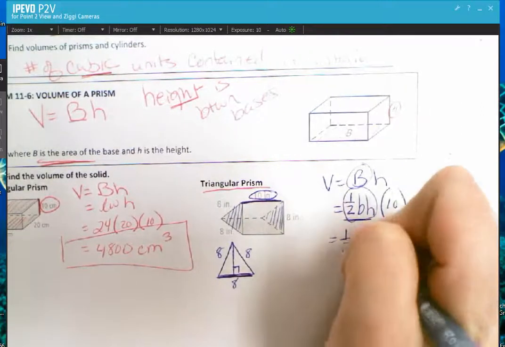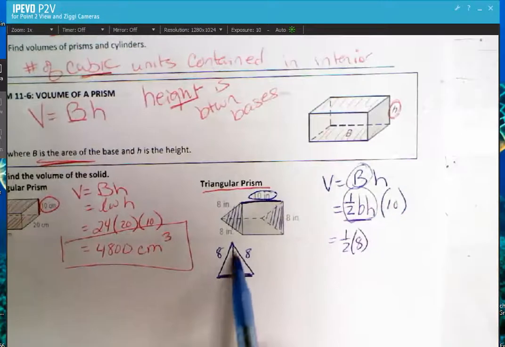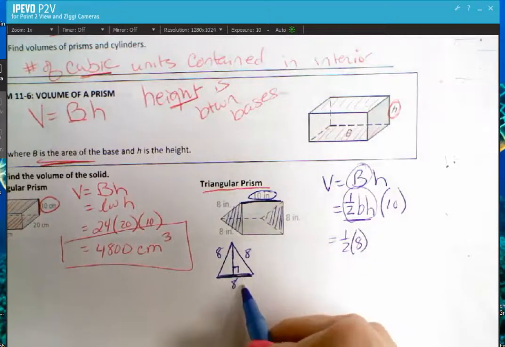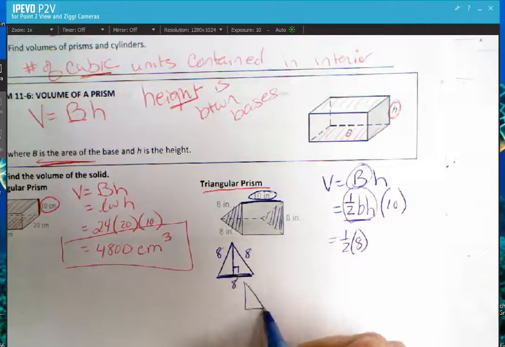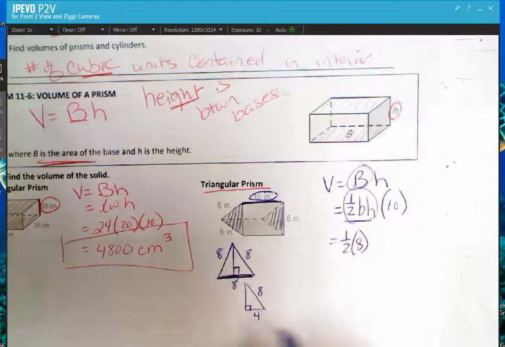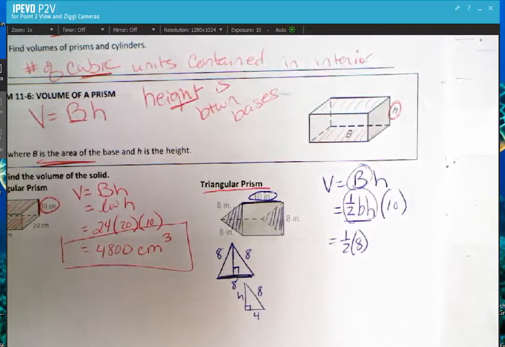So 1/2 times 8, and now I just need to find my height. If I take a look at this figure, I could break out this right triangle. I know I have 4 over here, 8 as my hypotenuse, and I can find my h that way. So remember, Pythagorean theorem first, then 30-60-90 special rules, depending on how you're looking at it.